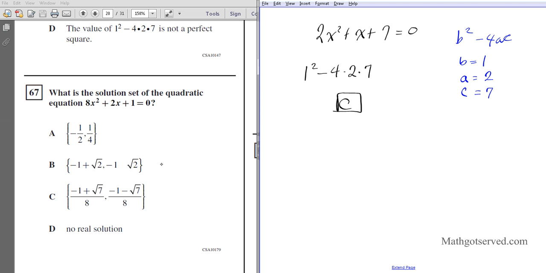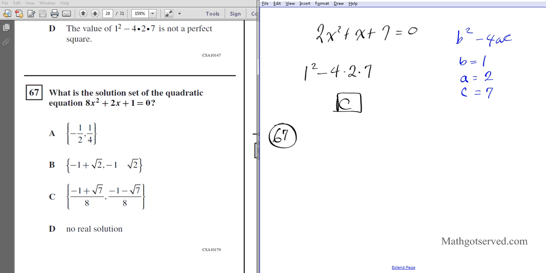If it's factorable, it will be option A, but if it's not, then it could be B or C, or if we have a negative radicand, it's going to be D. To be on the safe side, I'm going to use the quadratic formula, because I have three options here that involve it. Even if this is the answer, it's not a problem. It just means I'm doing an excess amount of work, but it's the safest way to go.